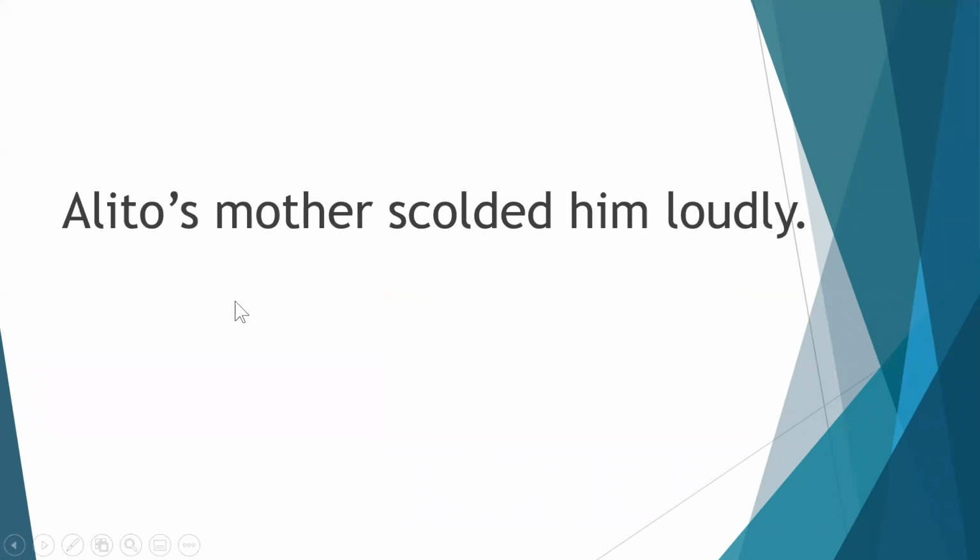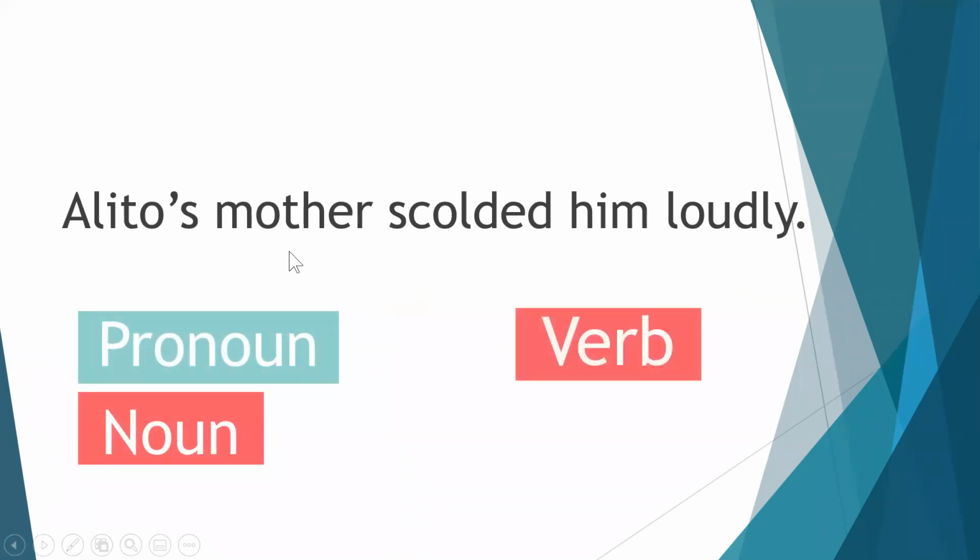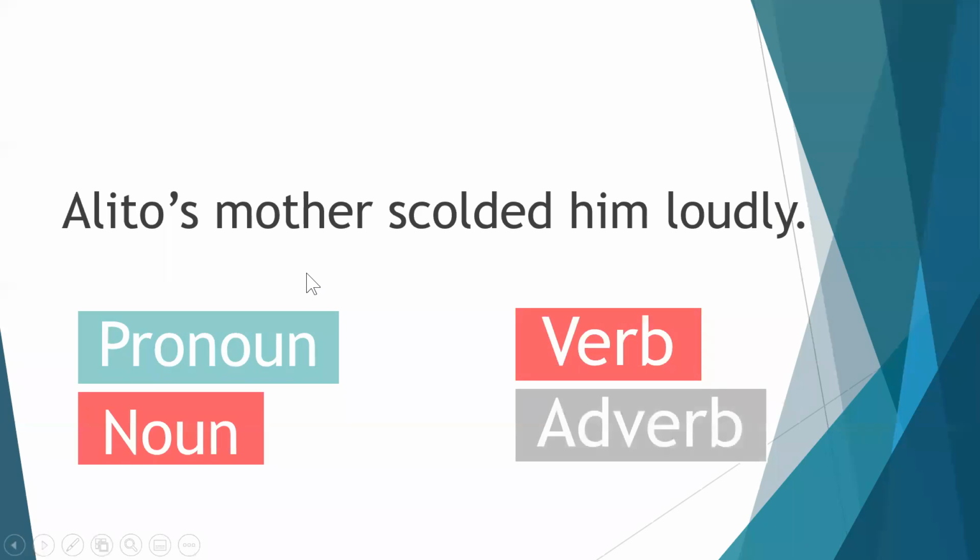Alito's mother scolded him loudly. In this sentence, there is a noun, there is a pronoun, there is a verb, and there is an adverb. Can Flavia tell me which one is the pronoun? Try.